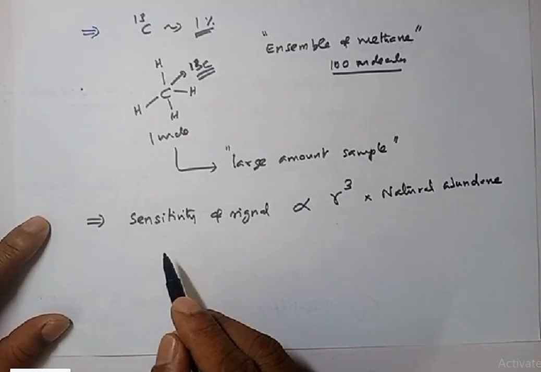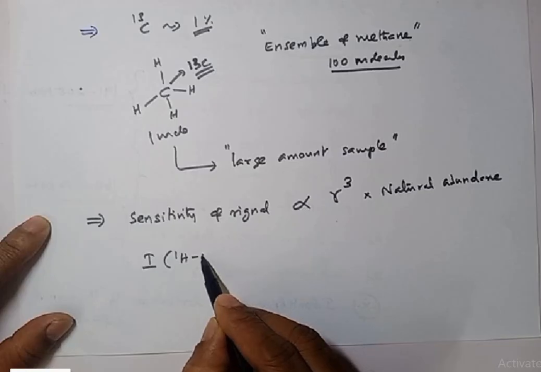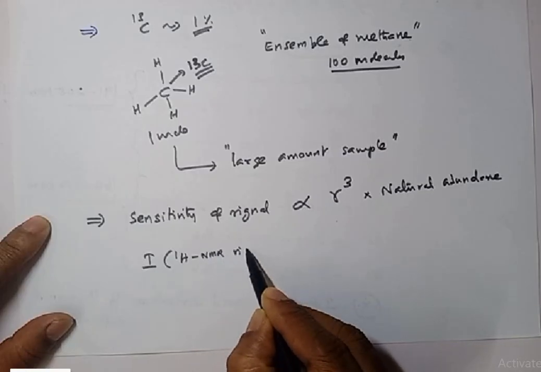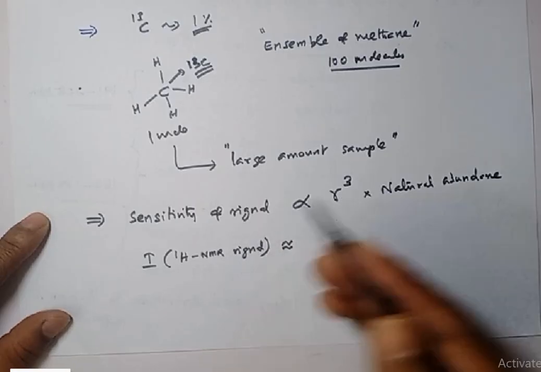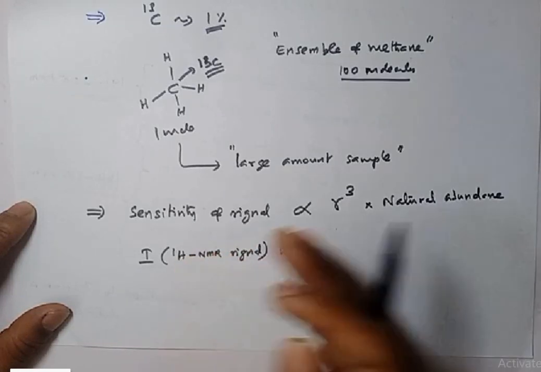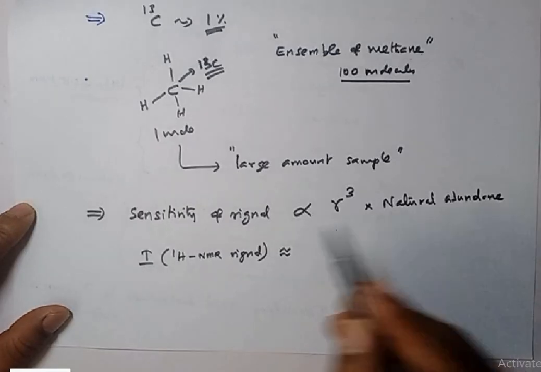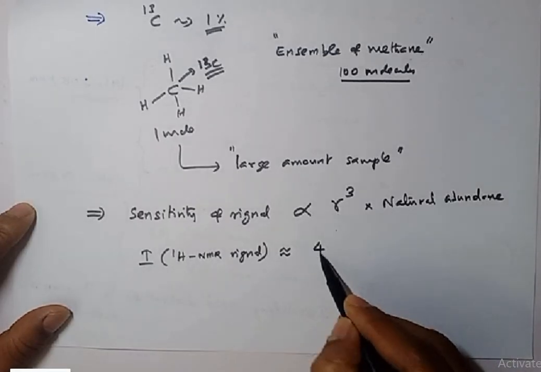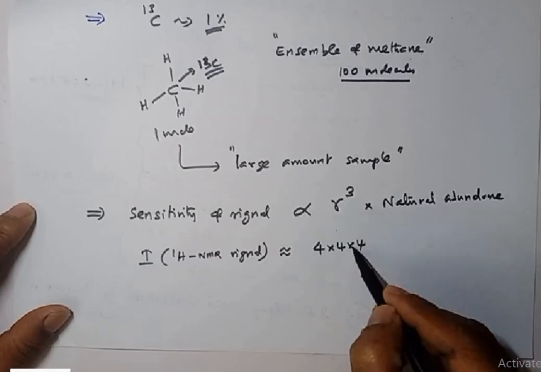So I can say that the intensity of the proton NMR signal is approximately proportional to gamma cubed. The gamma value of proton is 4 times greater than the gamma value of C13, so I'll put 4 into 4 into 4 because I have gamma cube here.